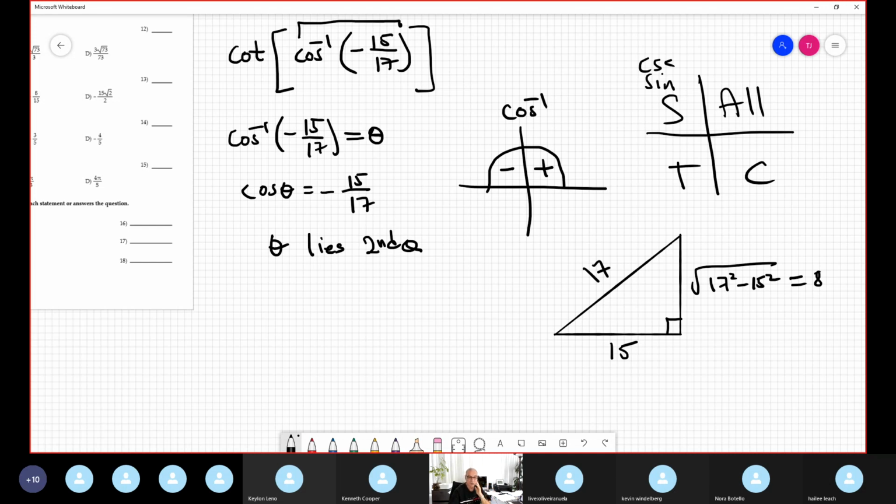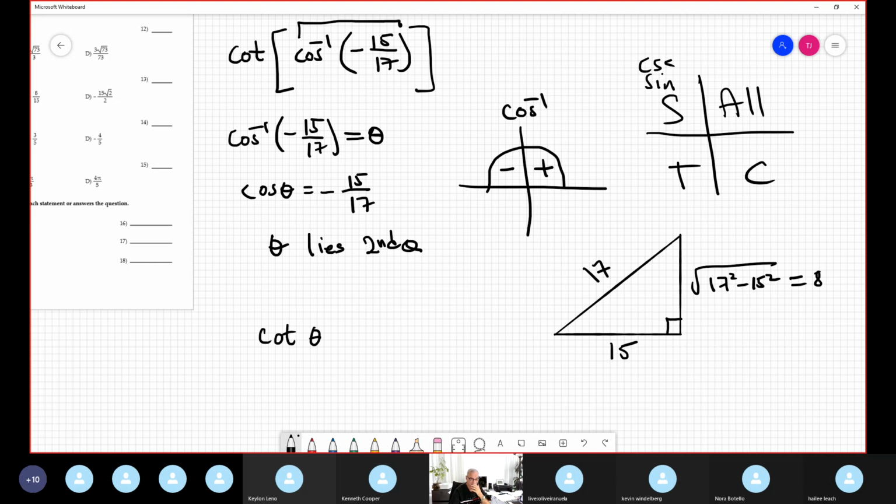Okay, so now cotangent by definition is the ratio... cotangent of theta. Never write a trigonometric function without its argument. Otherwise it makes no sense. You can put parentheses or not, it doesn't matter; I prefer parentheses, but sometimes I forget.